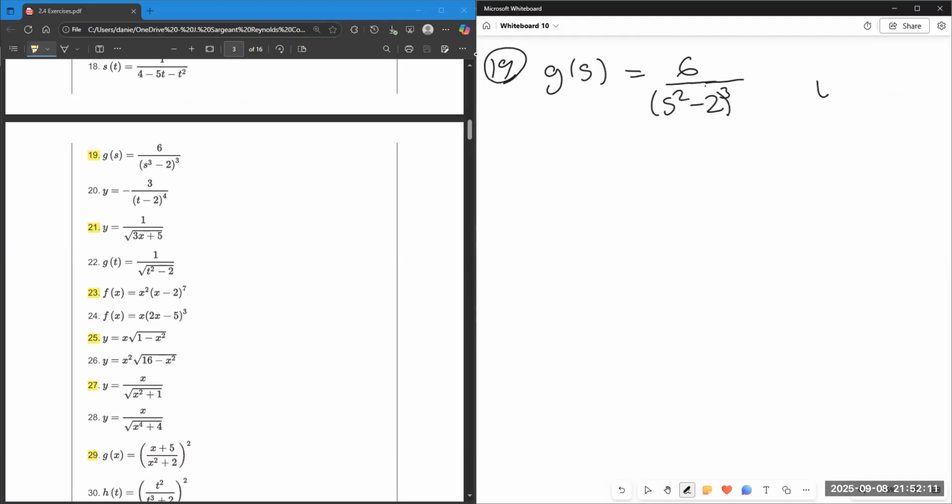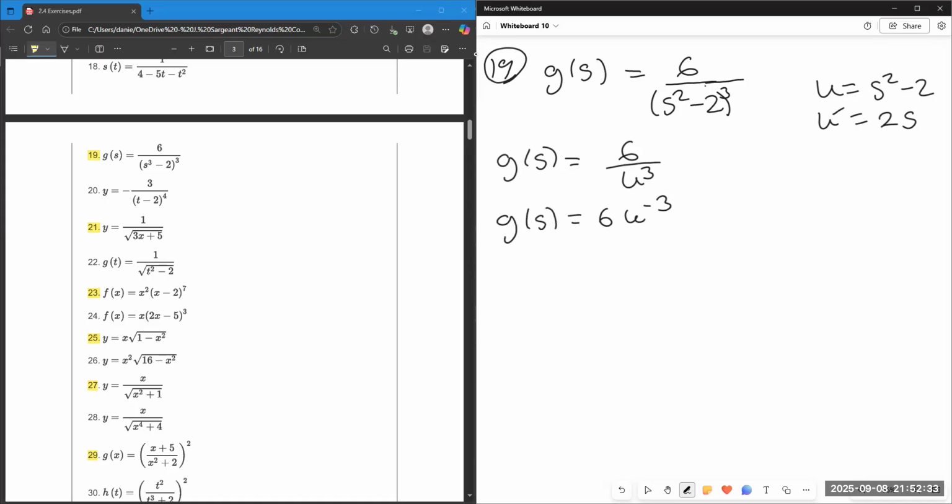So the inner function u is s squared minus 2. u prime is 2s. g of s can be written as 6 over u to the third, or g of s can be written as 6u to the negative third power.